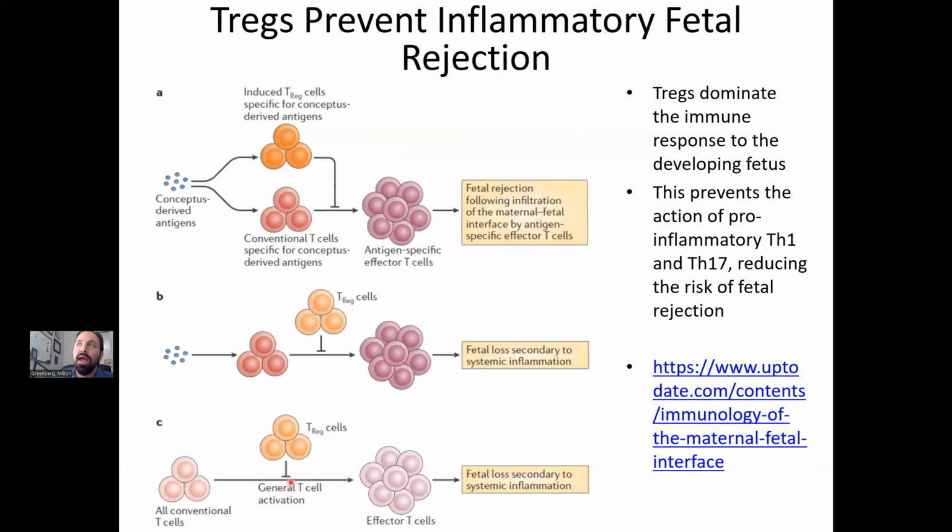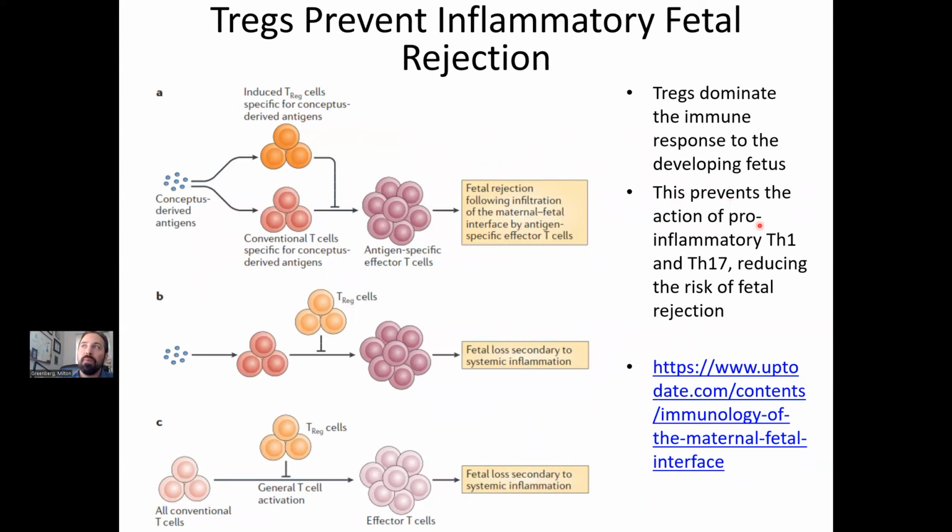And it's something that's just fascinating, that in women with multiple sclerosis, for example, that's a chronic relapsing remitting disease of the immune system, so an inflammatory disease, a lot of times those women have better outcomes, so less inflammation when they're pregnant, because these regulatory cells will then dominate the immune response and help reduce the fetal loss secondary to systemic inflammatory processes.